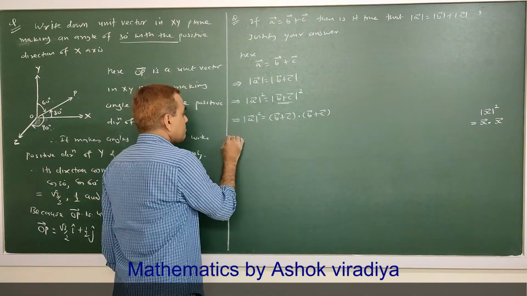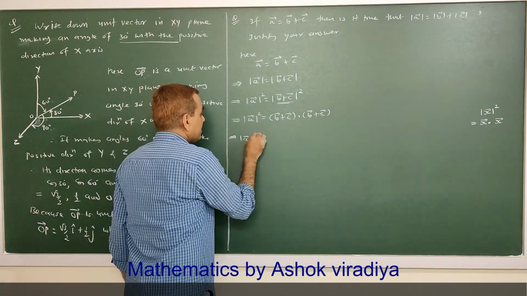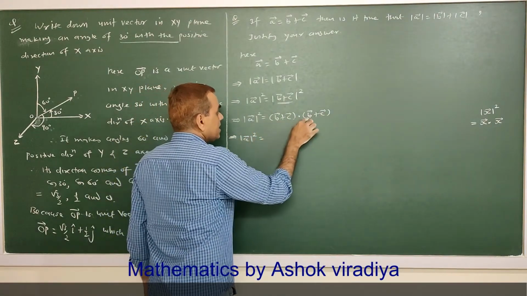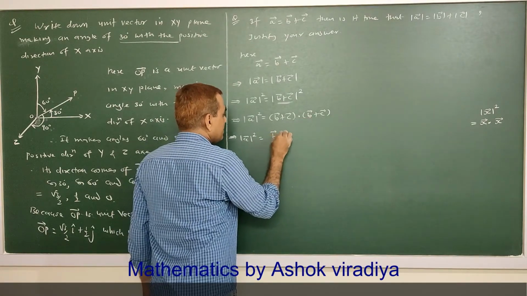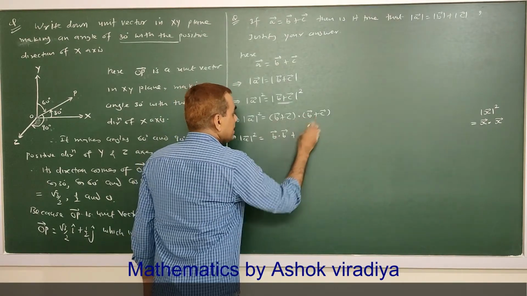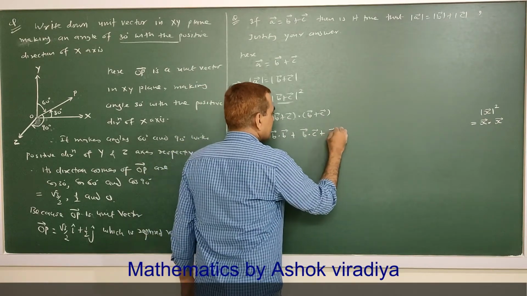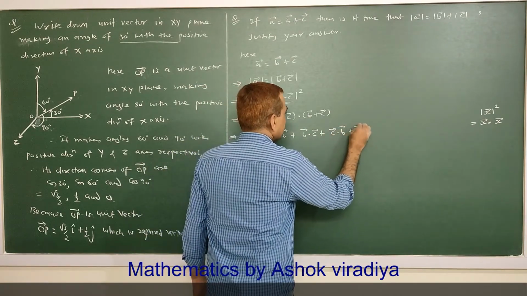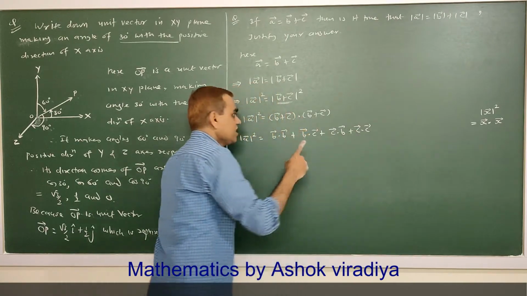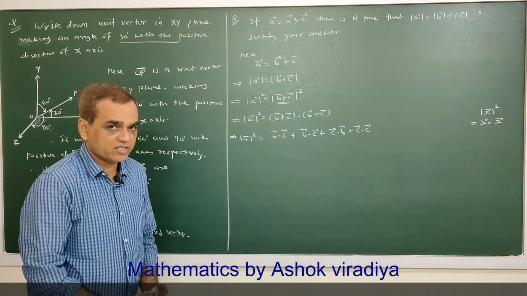So magnitude of vector A square is B dot B plus B dot C plus C dot B plus C dot C. Dot product is distributive over addition.